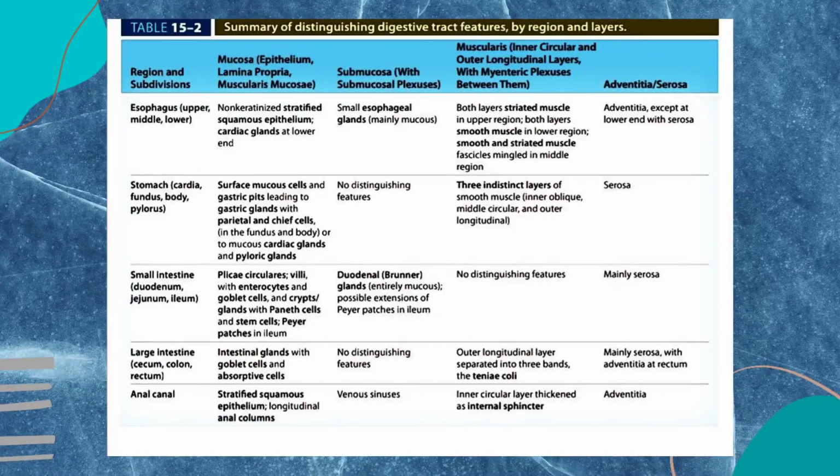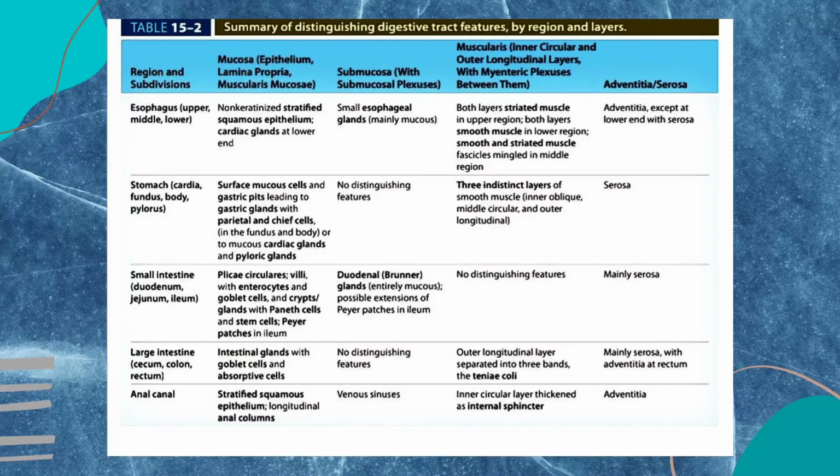In the submucosa of the esophagus, it has esophageal glands. The stomach has no distinguishing features, like our large intestine. The small intestine has duodenal or what we call Brunner glands. And the anal canal has venous sinuses. Under muscularis, the esophagus has striated muscles in the upper region, both layers smooth muscle in the lower region, and smooth and striated muscles fascicularly mingled in the middle region.